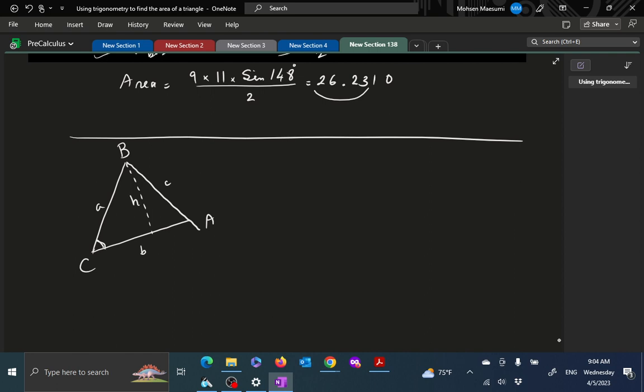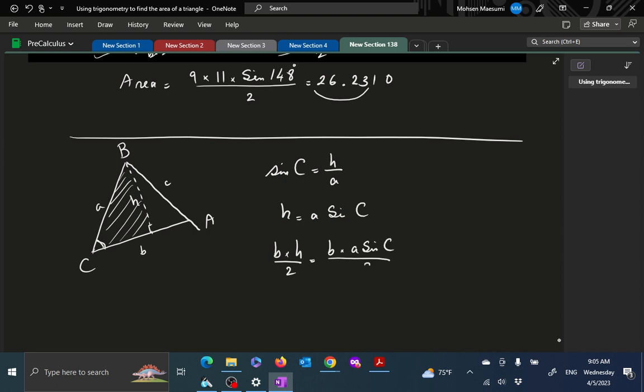Let's call this height H. Now in this triangle, sine of the angle C is the opposite divided by the hypotenuse. So the height is A sine of C. Now base times height over 2 will be base times A sine of C, divided by 2, and that is the formula that we have.